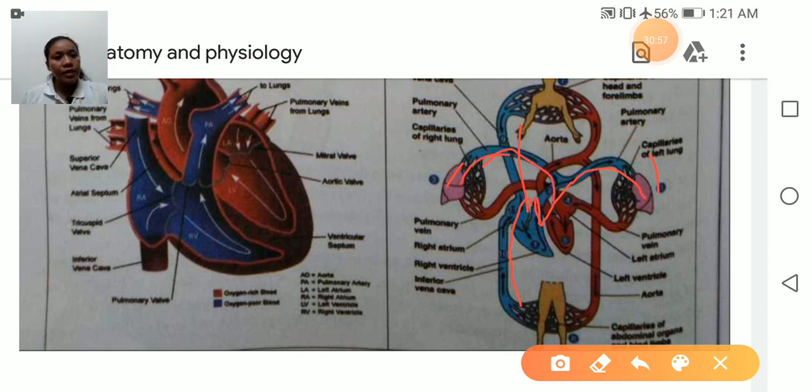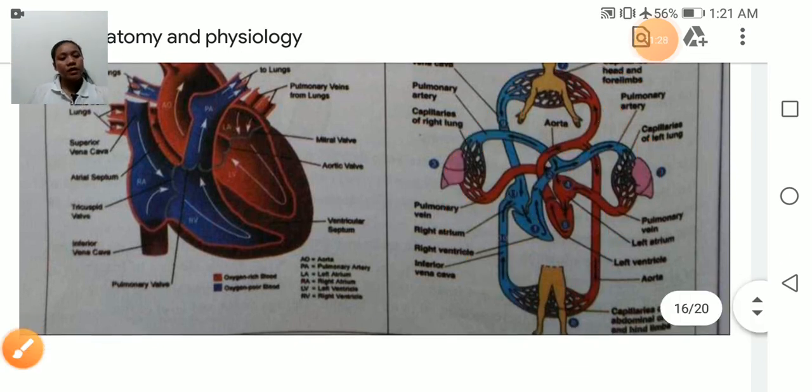From here the blood is purified, then the purified blood enters the left atrium, from the left atrium to the left ventricle, and from there the purified blood goes to the body. And then again the impure blood comes to the right atrium. This is the whole process of circulation of blood, how the blood circulates in the body.